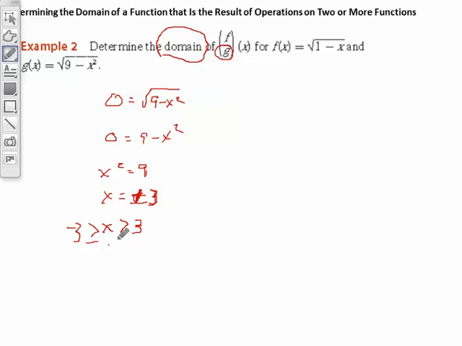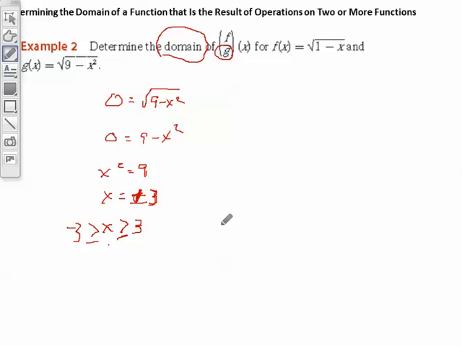Why do I say that it can't be any of those values? X has to be defined in this tight little range. If I had a 4 for x, I would have 9 minus 16. That would give me a negative number under the square root, and that's not a real solution. I can't take the square root of a negative number. Try it on your calculator. They don't like it.